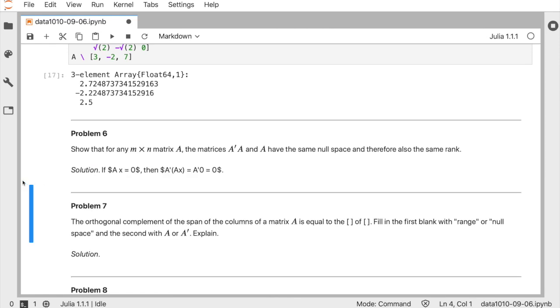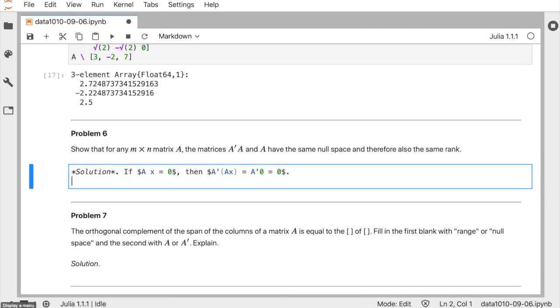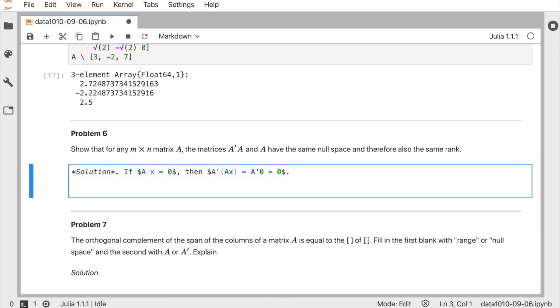So that direction is the one that requires less ingenuity. We just make a substitution of AX being equal to 0, and that's pretty much it. The other direction is a bit trickier. So if A transpose A times X is equal to 0 vector, then what we're going to do here is multiply both sides of this equation by X transpose.